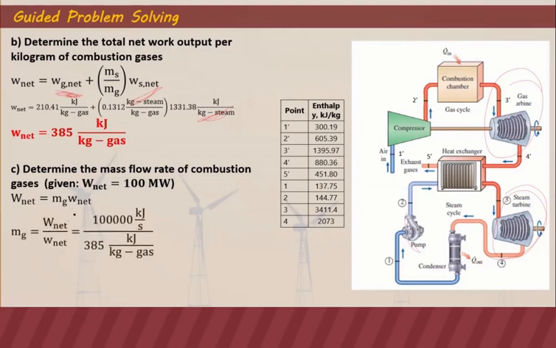Since we have 100 megawatt or 100,000 kilojoules per second, and the work net of the gas per kilogram gas, which is 385, the mass of the gas is 259.7 kilogram gas per second. So that's a huge amount of gas needed, about 260 kilograms per second.